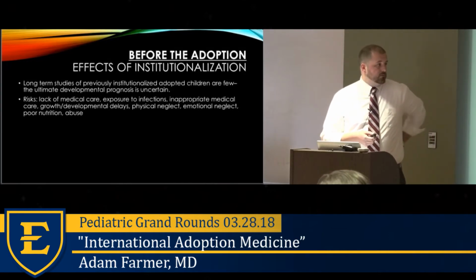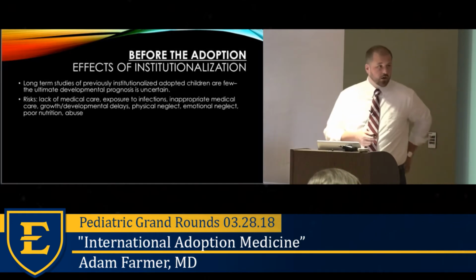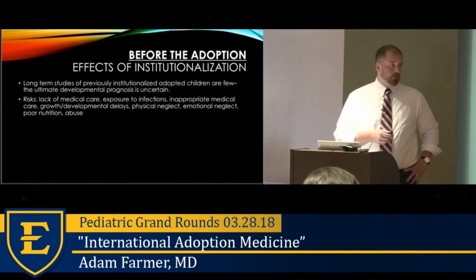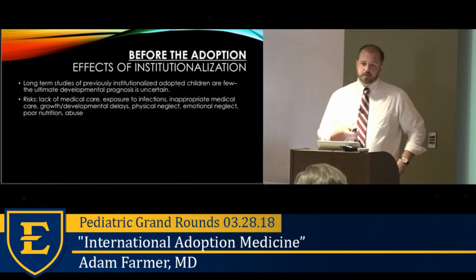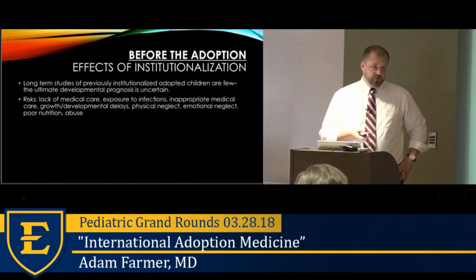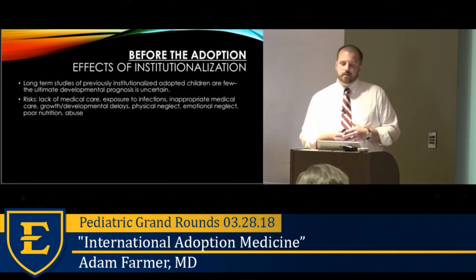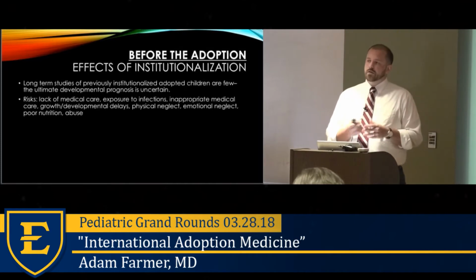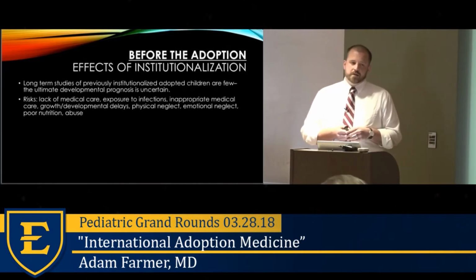Again, the research is fairly sparse, but there was one article I came across that looked at effects of early adversity on Romanian children. It was published in 2000. It's a small study, a little over 100 kids. They looked at these children who were coming from a very poor situation in a very resource-low Romanian orphanage.